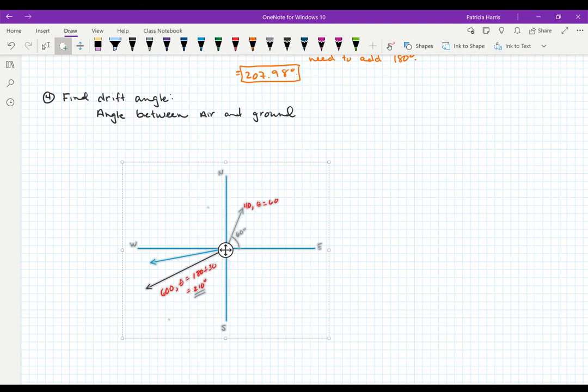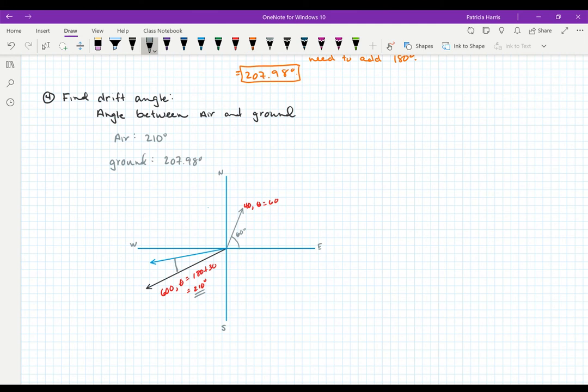Whoops, it disappeared for a second. Okay, so this angle. We know that this angle is at 210 in its standard position. We know that the ground angle is 207.98 in standard position.